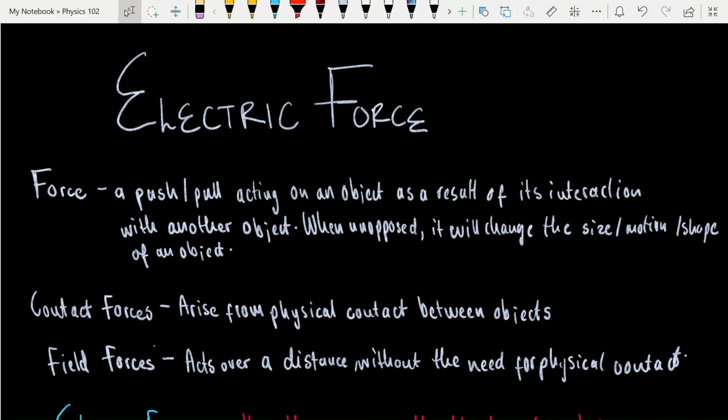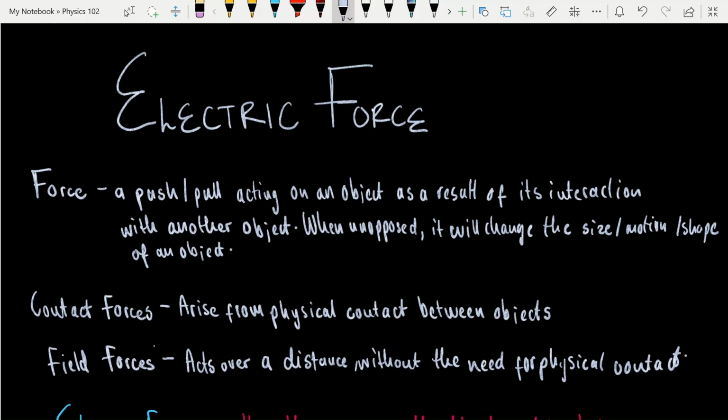So a force, if you see the definition I put, is a push or a pull that is acting on an object. It can be pushing it forward or pulling it backwards, as a result of its interaction with another object. So forces are caused by two objects interacting. Forces will be acting between two objects.